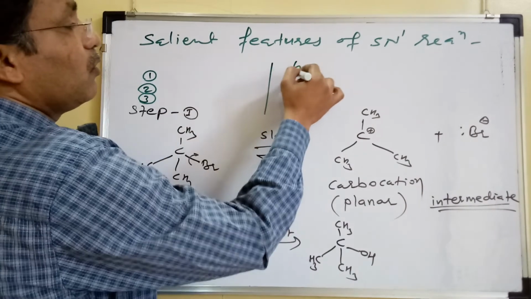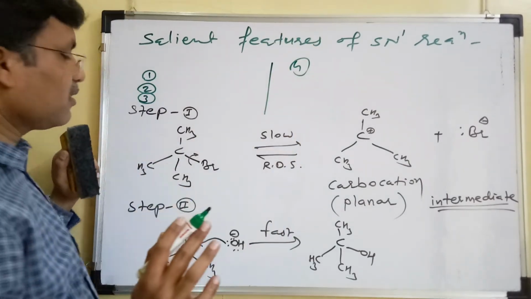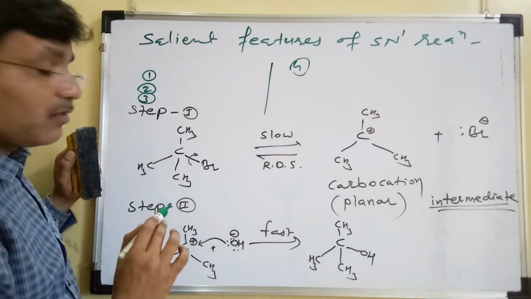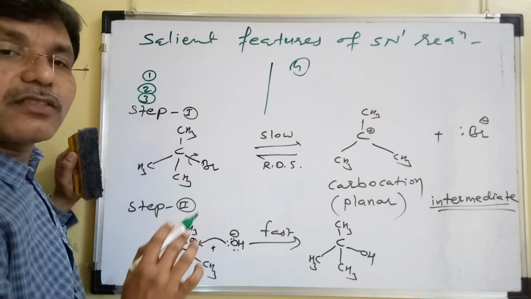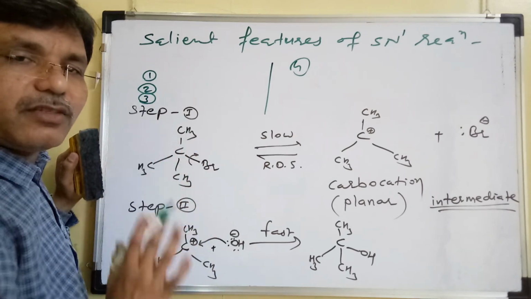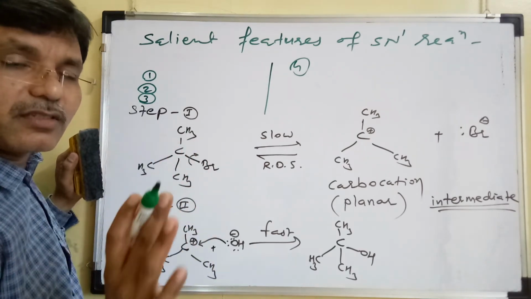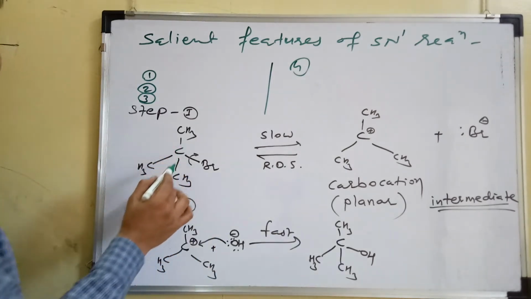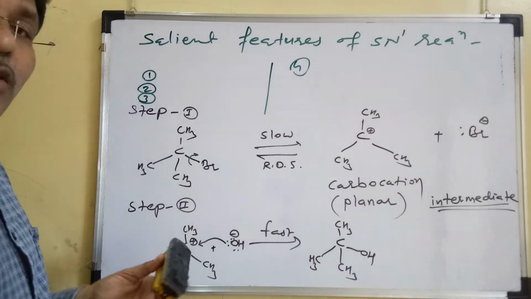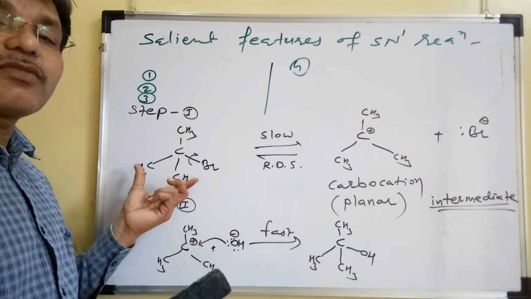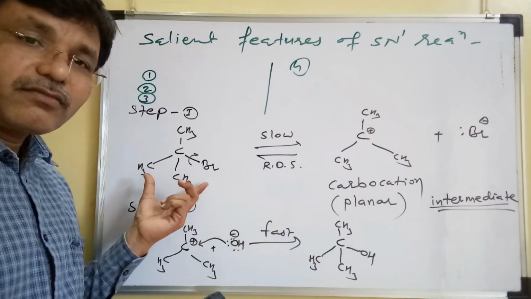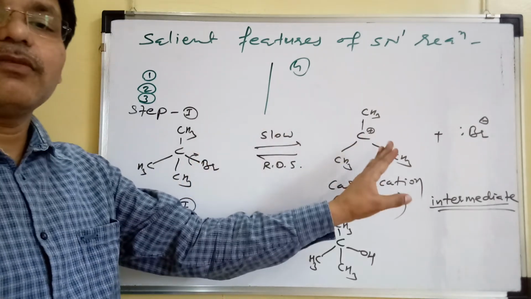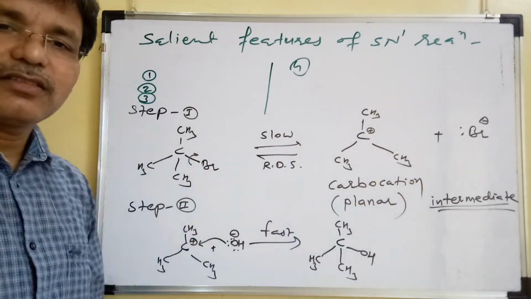Next, fourth point of the salient features: if this substrate is optically active, that means a chiral carbon is present in the optically active substrate, then the product formed becomes racemic.